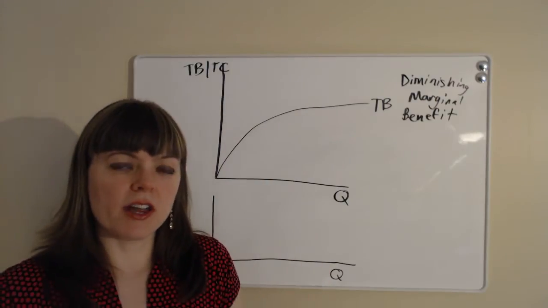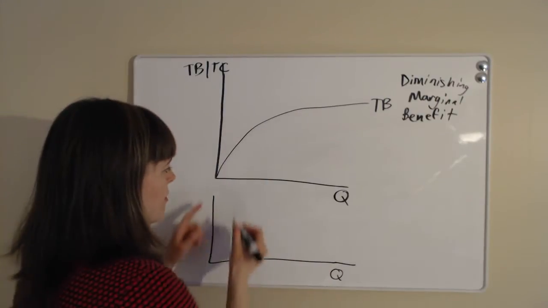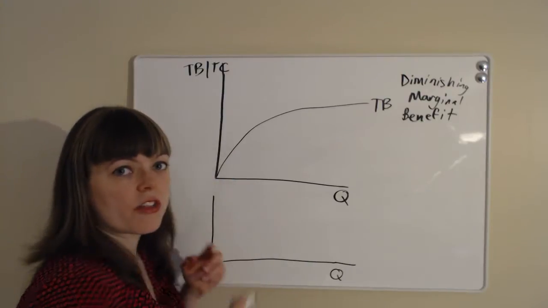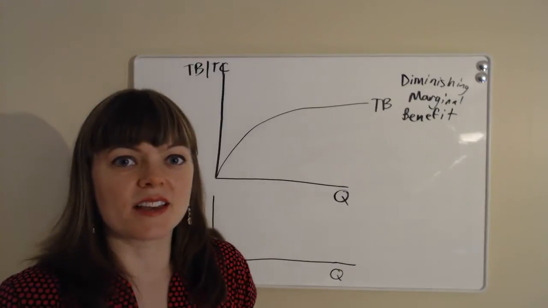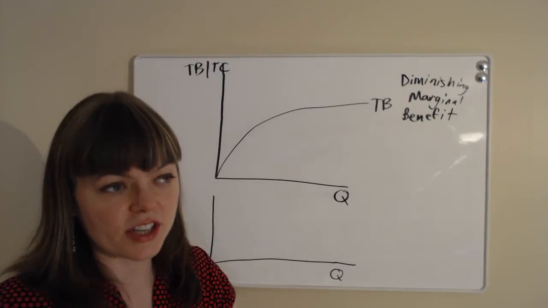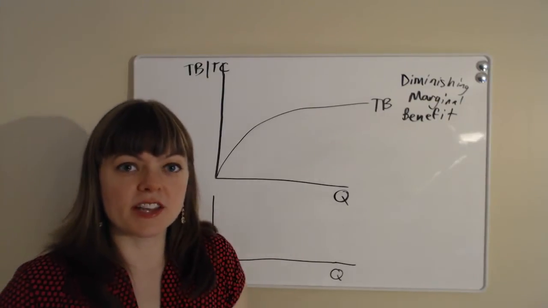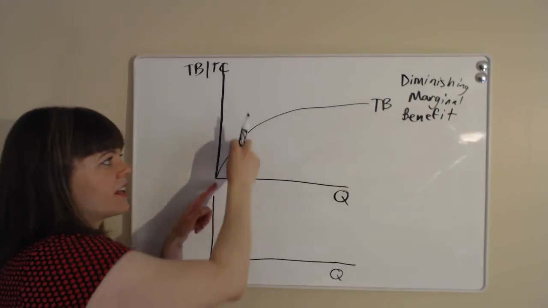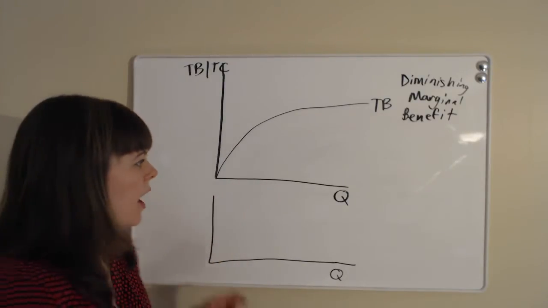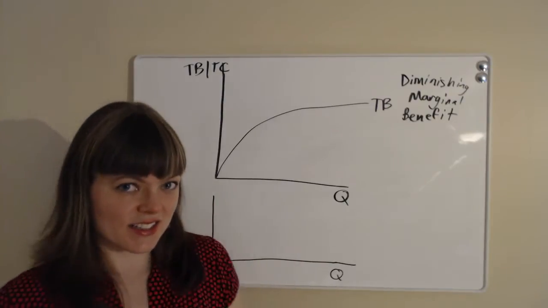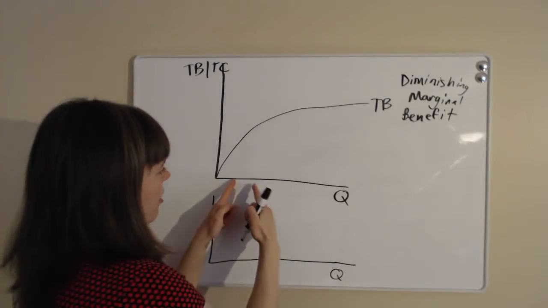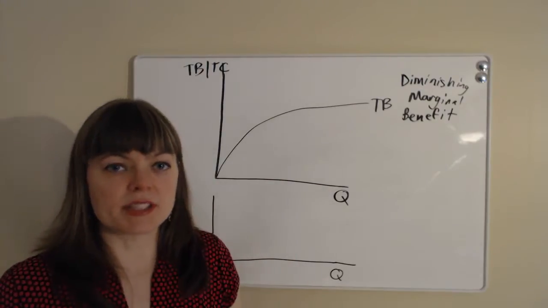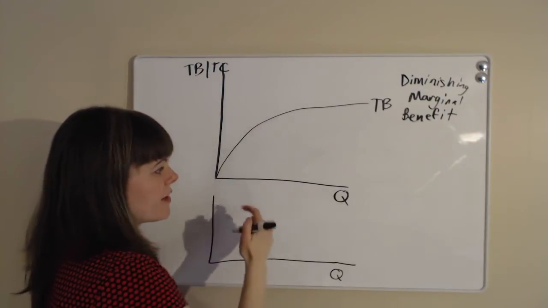The reason for it is because a good manager of a firm is going to spend the first $100,000 that they invest on the most promising project they can come up with. So they'll look into all different types of drugs they could develop, and they'll invest their money in the one that's most likely to have a high benefit. Of course, if they get a second $100,000 to spend, so we're out here, they're going to research all the projects and choose the second best project in terms of the expected benefit.